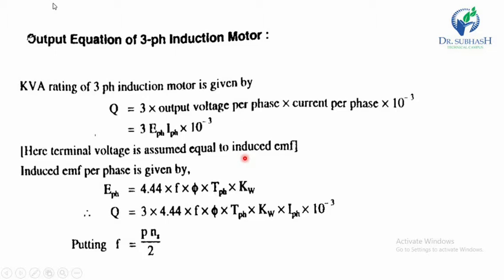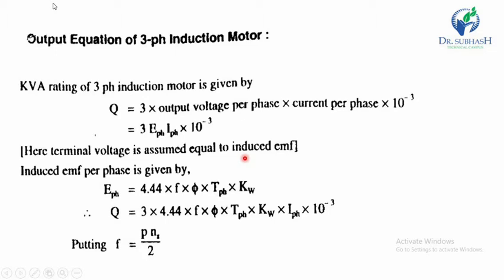So the actual definition of the output equation is that it has a number of terms: main dimensions, meaning D and L; specific magnetic loading, meaning Bav; specific electric loading, which is called AC; and speed, which is called ns. With all these parameters we get the equation called the output equation for an induction motor.